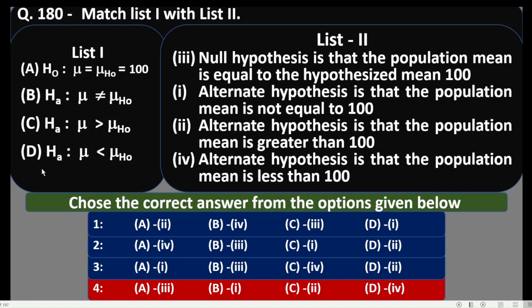This is the interpretation of D in list 2. So in this way, the fourth option will be correct, where A of list 1 is paired with 3 of list 2, B of list 1 is paired with first of list 2, C of list 1 is paired with second of list 2, and D is paired with fourth of list 2.